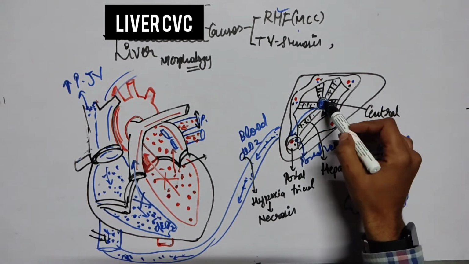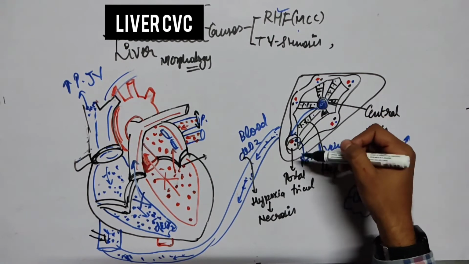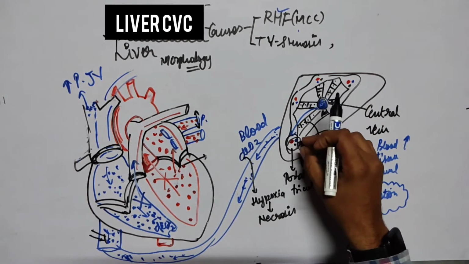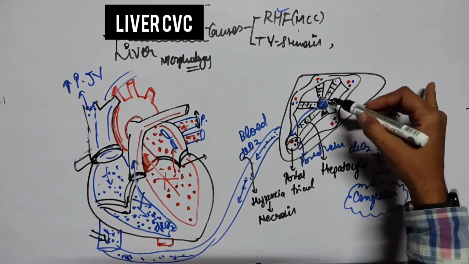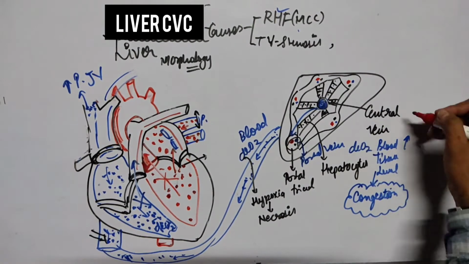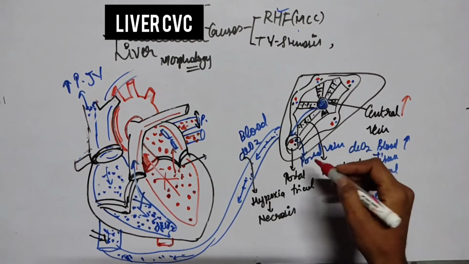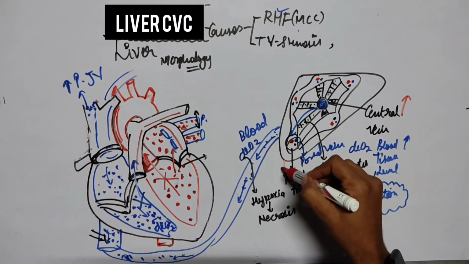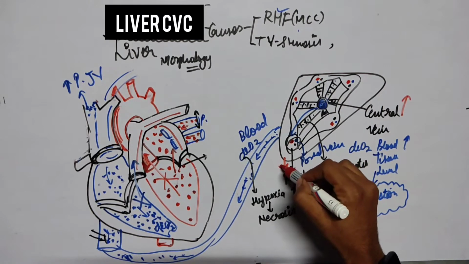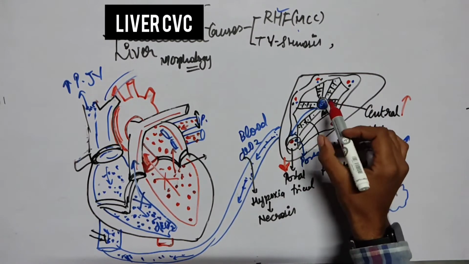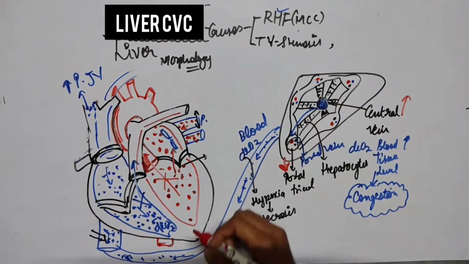Here the necrosis will occur more at the central vein area, in contrast to the portal region, where necrosis will occur less. At the portal triad necrosis is low, because here the deoxygenated blood is very high, and there it is very less.